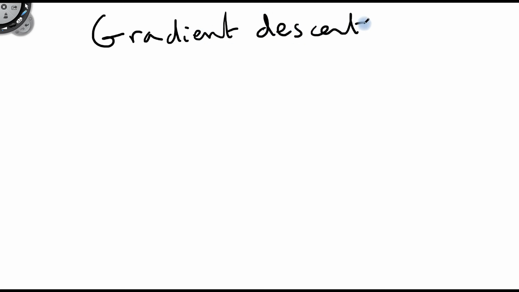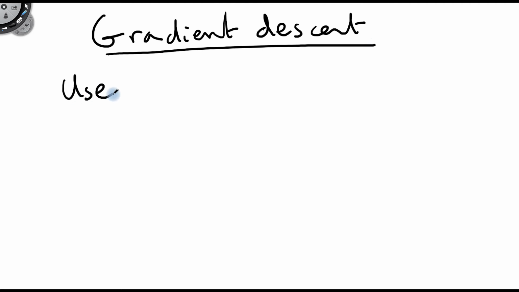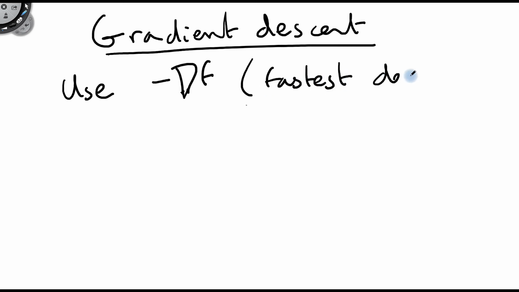So, gradient descent, sometimes also called steepest descent. We're going to use minus grad f, which is from your vector calculus, and also from your first year calculus, as the fastest descent direction.